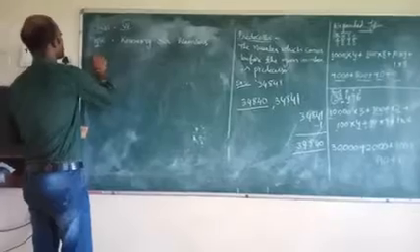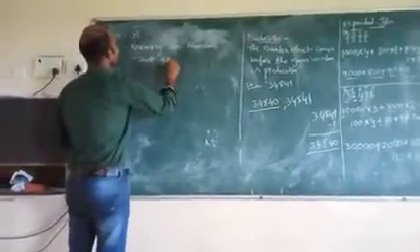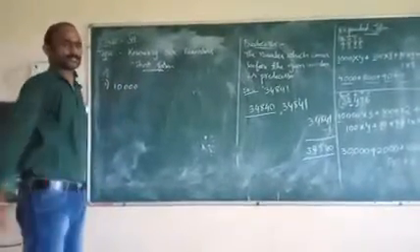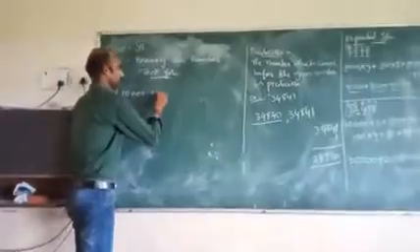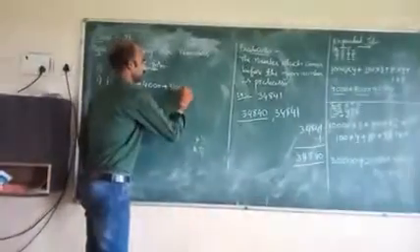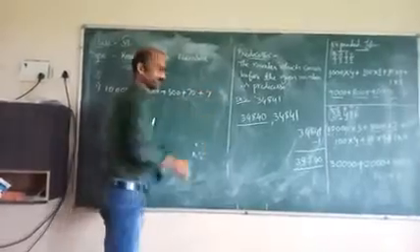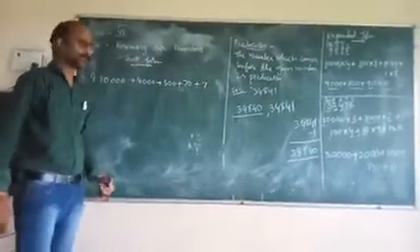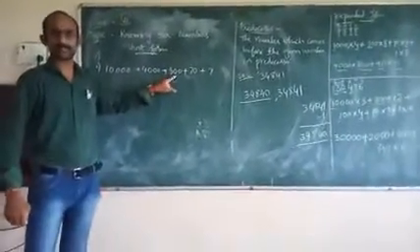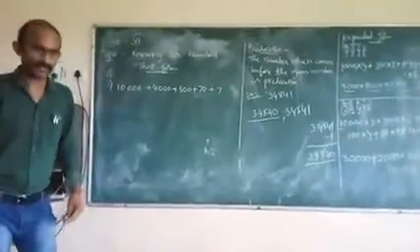I am taking this as the example: 10,000 plus 4,000 plus 300 plus 70 plus 7. Again, repeat: 10,000 plus 4,000 plus 300 plus 70 plus 7. This is the example we are taking.